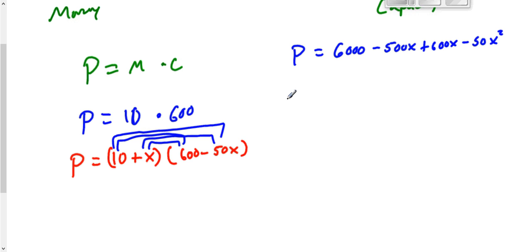I'm going to rewrite this: negative 50x squared plus 100x plus 6,000. What's cool is this number right here, in both of the last two examples, 6,000, was their original profit.